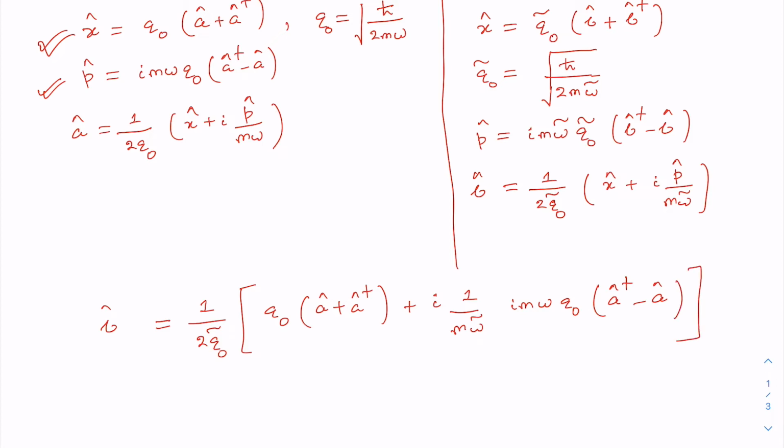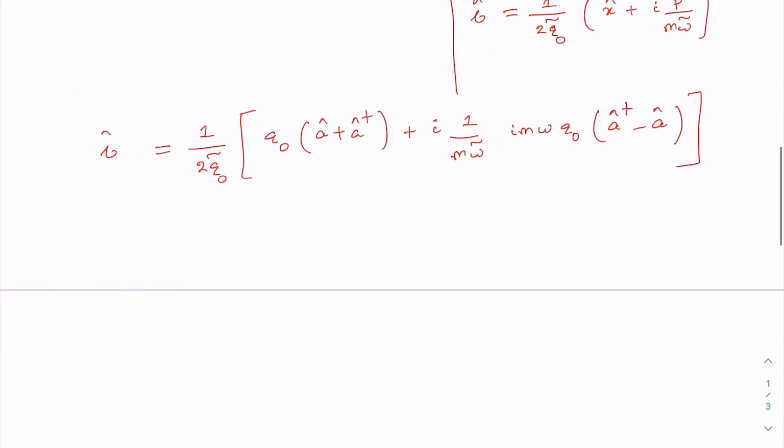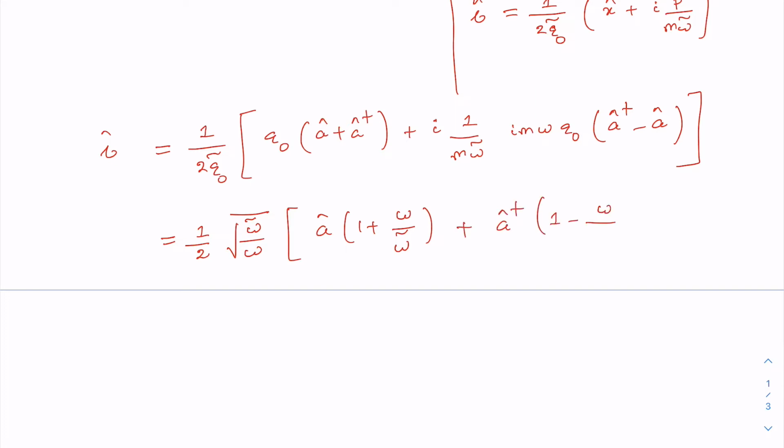If you actually do the calculations, it is very trivial, and I encourage you to do it. You should be able to show that this turns out to be 1/2 square root of omega tilde by omega, times (a (1 plus omega by omega tilde) plus a dagger (1 minus omega by omega tilde)).